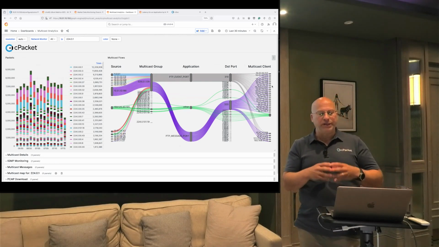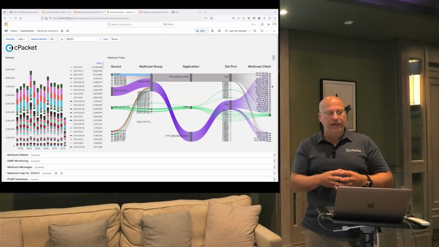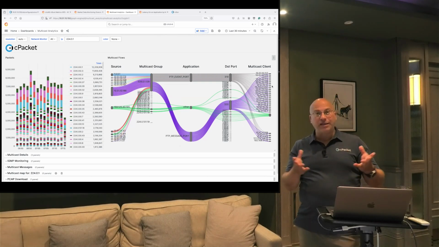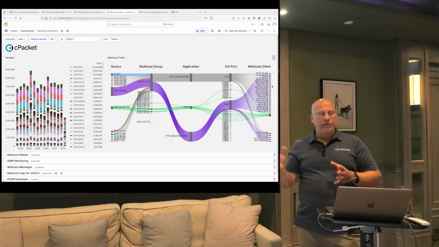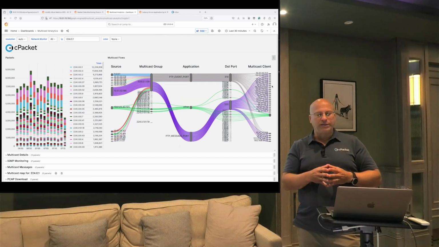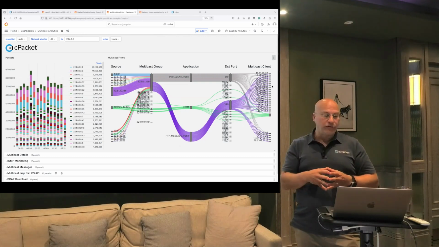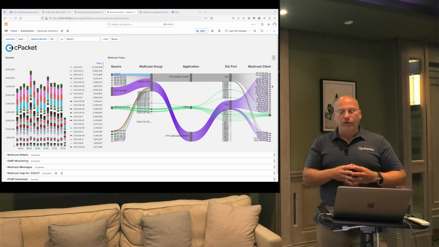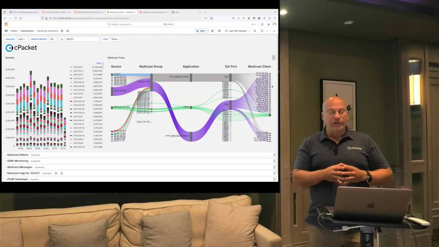So if somebody is complaining that he doesn't receive the data, you can keep this Sankey diagram, you can keep this tree distribution such that you see if it asked to join or didn't ask to join, which helps to root cause cases where people are complaining that they did not receive any of the data.